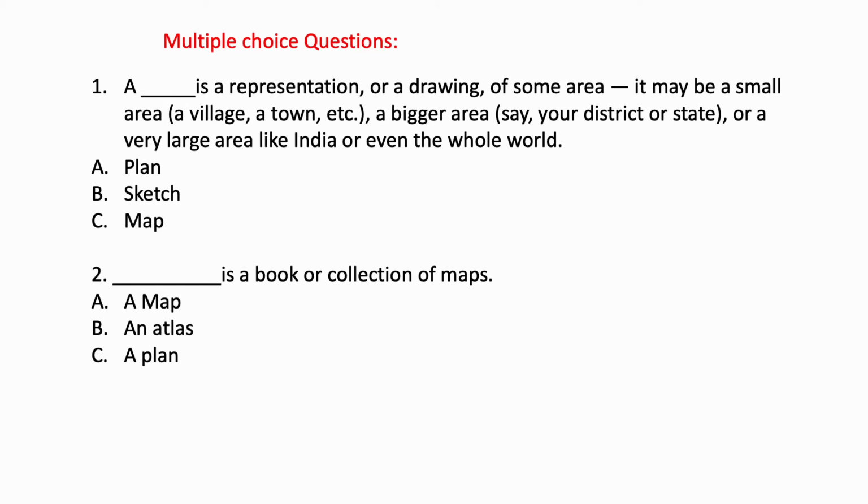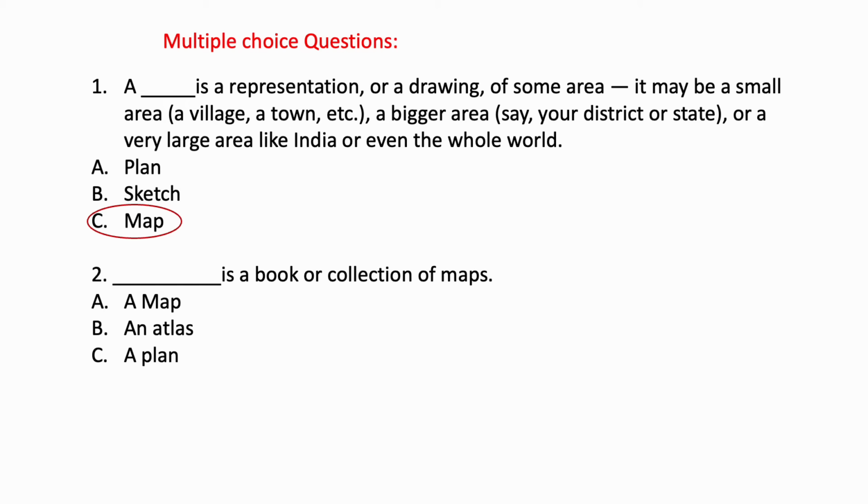Options are option A plan, option B sketch, option C map. Which is the correct answer? Correct answer is option C map. A map is a representation or drawing of some area. Area can be small, large or very large.